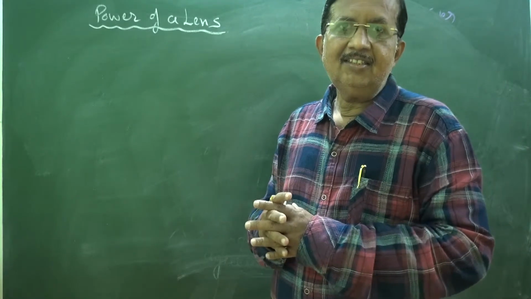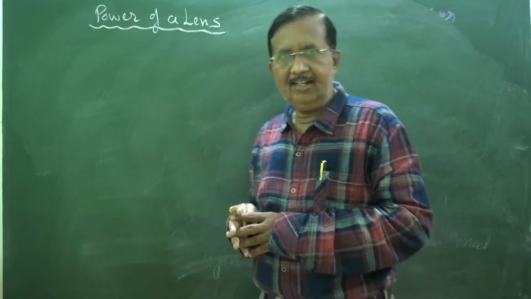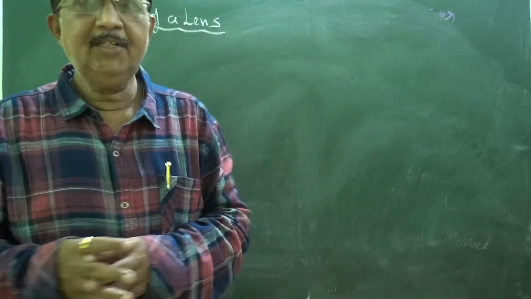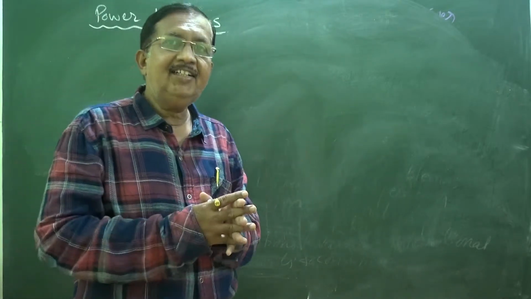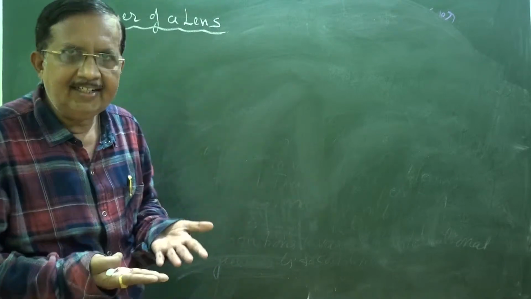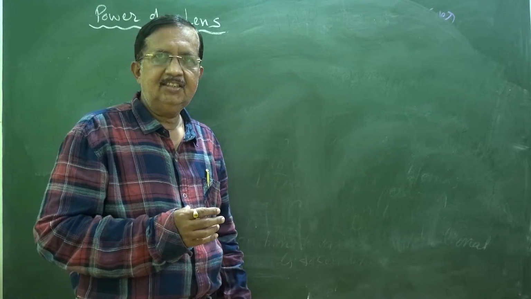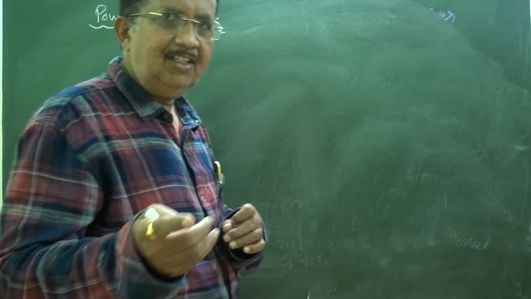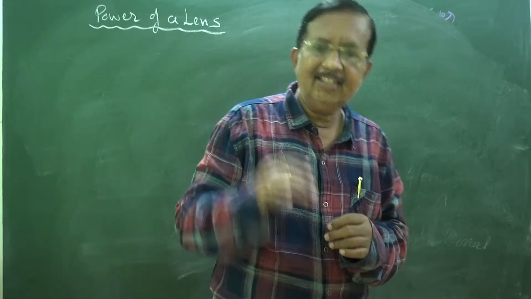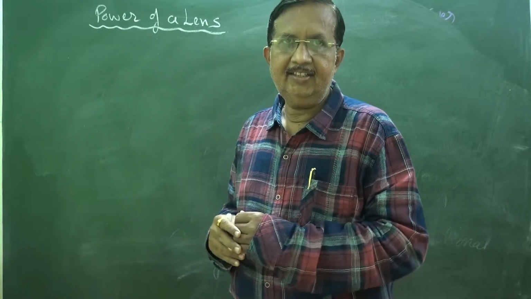Convex lens converges the light rays, we had seen with a ray diagram, whereas concave lens diverges the light rays, with one more ray diagram we discussed. So the ability of a lens to converge or diverge the light rays is called its power.